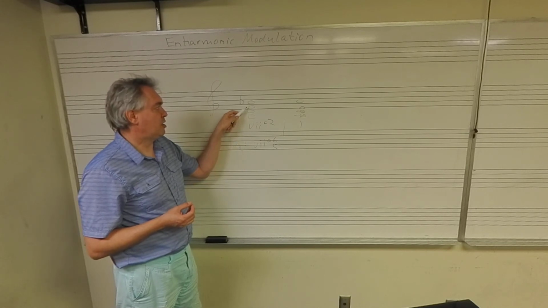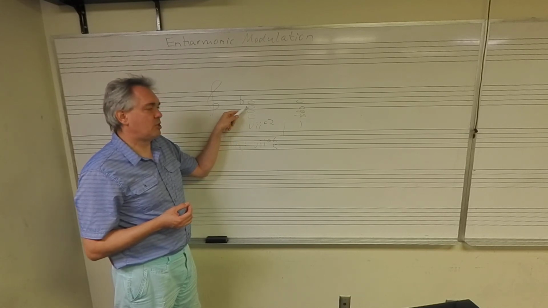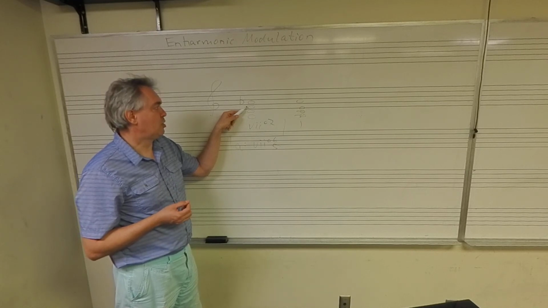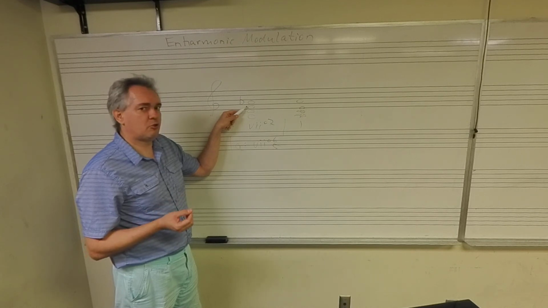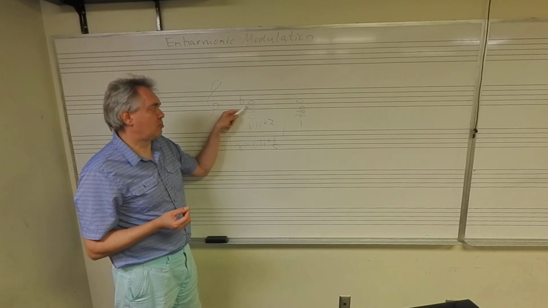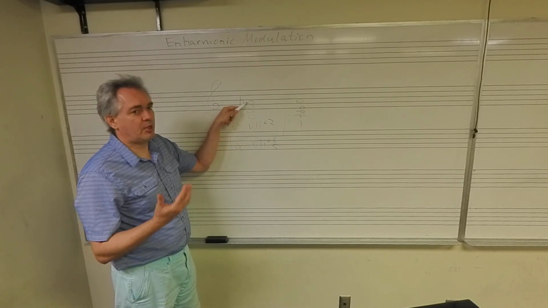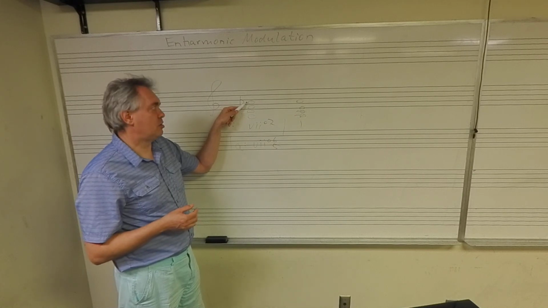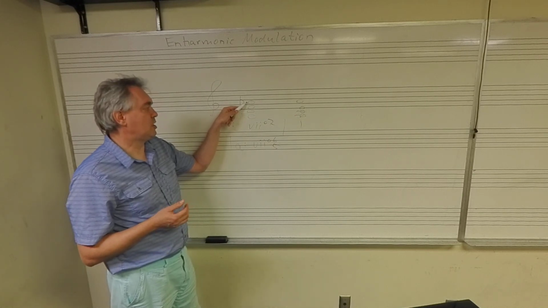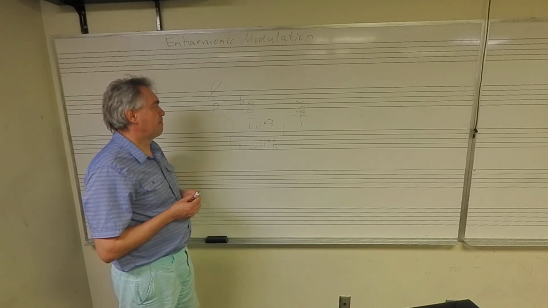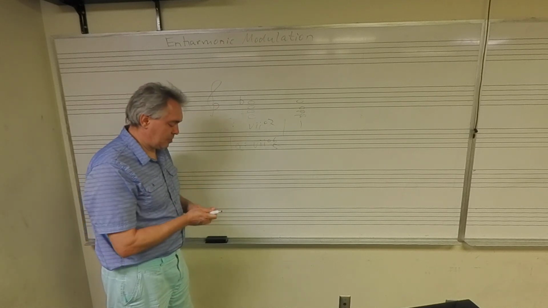If F is the leading tone, that means the root of the chord, we can resolve this chord to G flat major, or to F sharp major, or to F sharp minor. And if this note, the A flat, enharmonically G sharp, is the root of the chord, which means the leading tone, we can resolve it to A major or A minor.